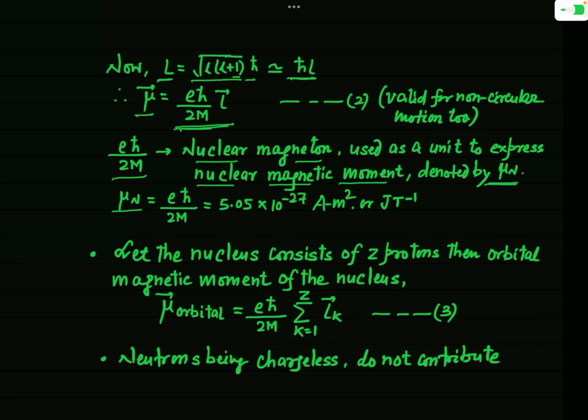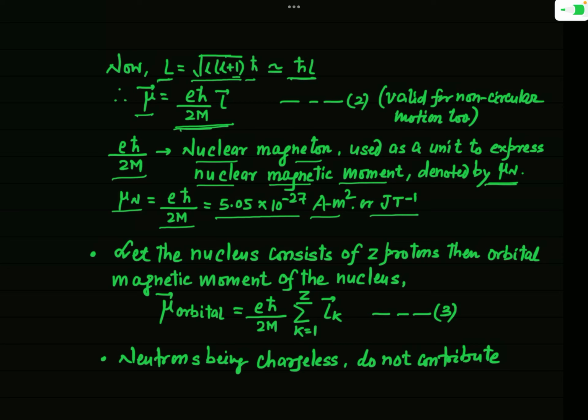Mu n is equal to E h bar over 2m, and when you substitute the numerical values of all these quantities, because you know the charge of proton is 1.6 into 10 to the power minus 19 coulomb, you can write the value of h bar and mass of proton, and after simplification you will get that this nuclear magneton is equal to 5.05 into 10 to the power minus 27 ampere meter square, or its unit may be written as Joule Tesla inverse, T for Tesla, J for Joule.